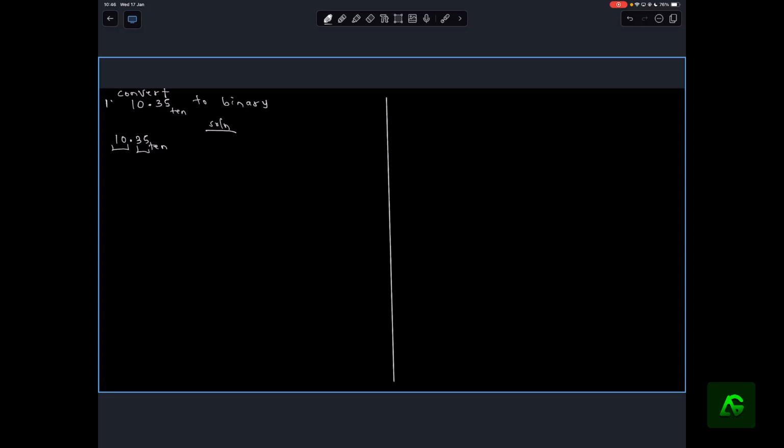And what we have after the point, in this case 0.35, is the fractional part. So what we have here is equal to 10 in base 10 plus 0.35 in base 10.